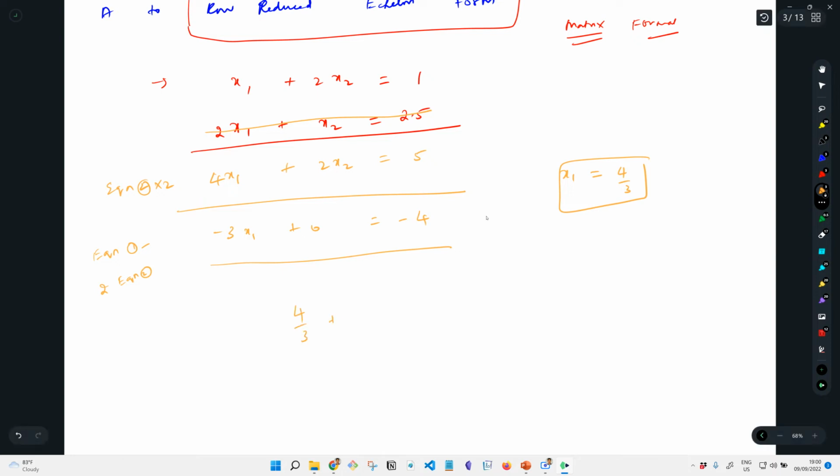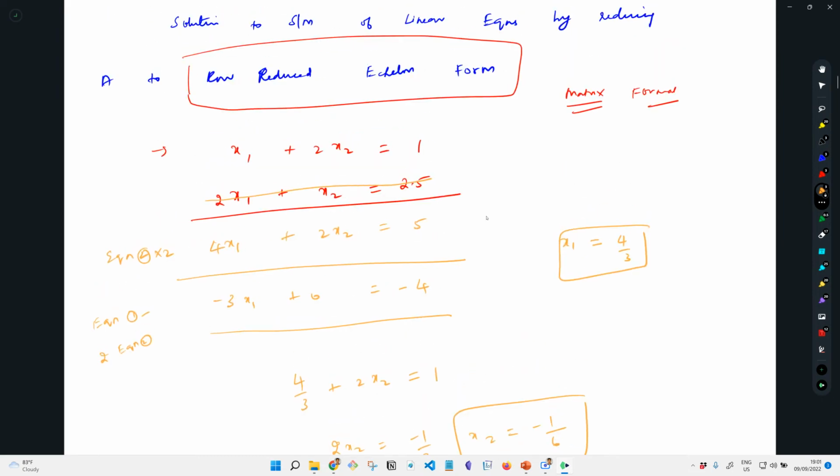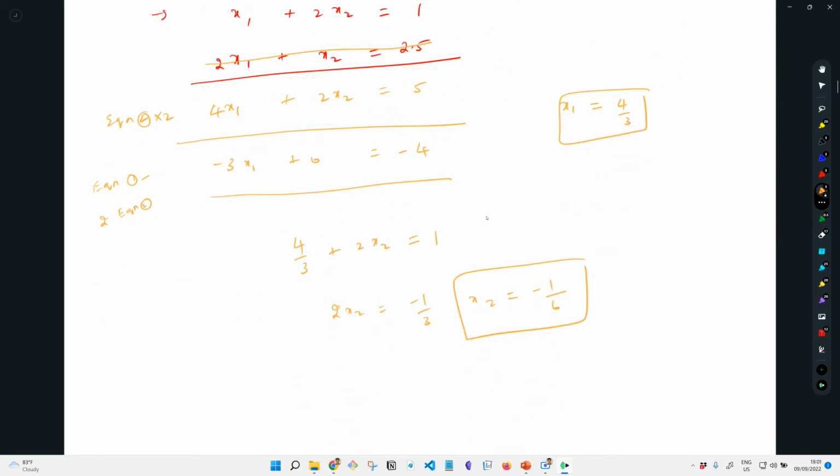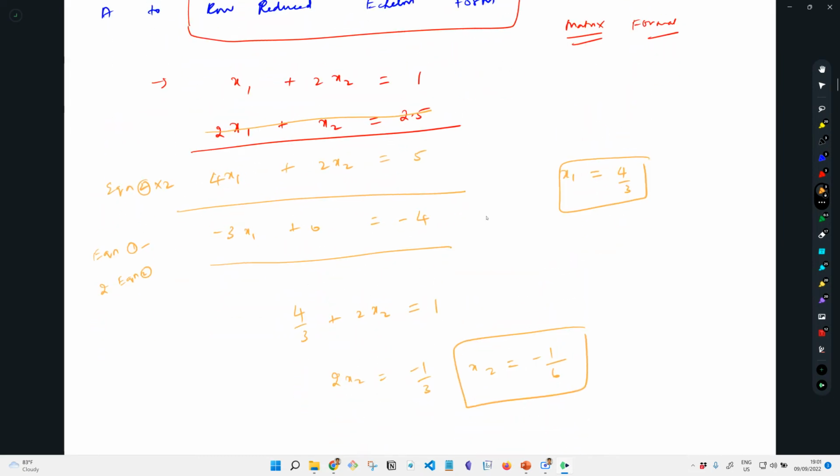So 4 by 3 plus 2 times x2 equals 1, and 2 times x2 will be equal to minus 1 by 3. X2 will be equal to minus 1 by 6. This is the traditional way of obtaining the solution. Now let us see if this solution is valid. For you to see if the solution is valid, you will substitute x1 and x2 in both these equations and check the consistency.